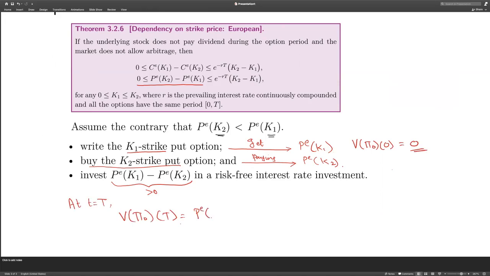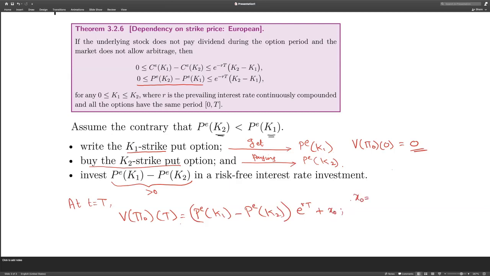Your risk-free investment would have grown with a continuous compounding interest rate of r. Therefore, it will be PE K1 minus PE of K2 times e power rT, plus whatever you get from your options, which we will represent as X naught. And what is this X naught?